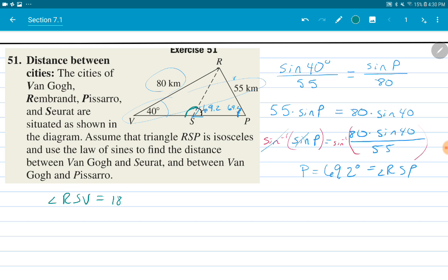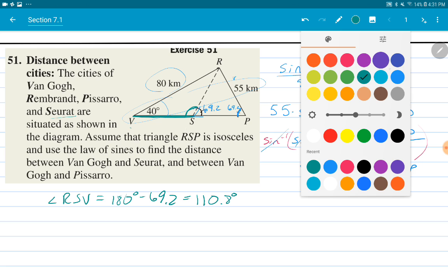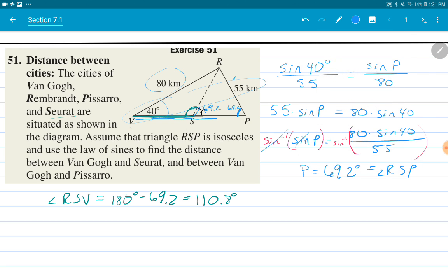So that's 180 degrees minus 69.2, which gives me 110.8 degrees for that obtuse angle. So the law of sines will give us both these triangles so that we can get this line in green for the distance between V and S, between Van Gogh and Seurat, and the 69.2 will give us this distance in blue from Van Gogh to Pissarro.